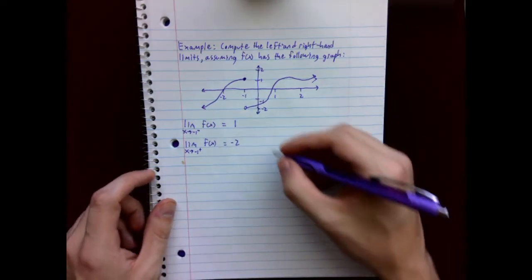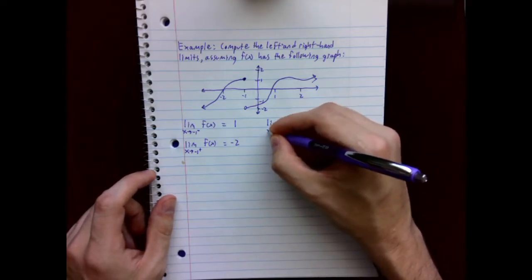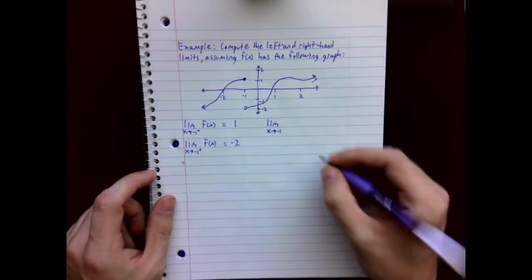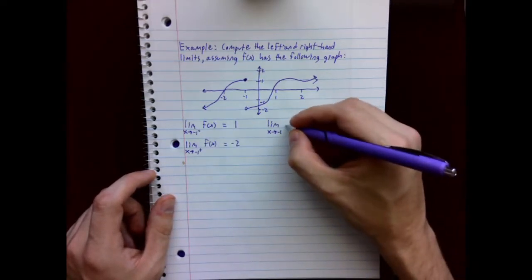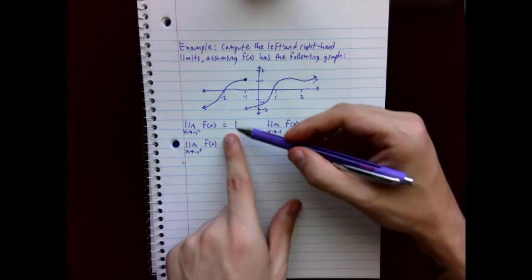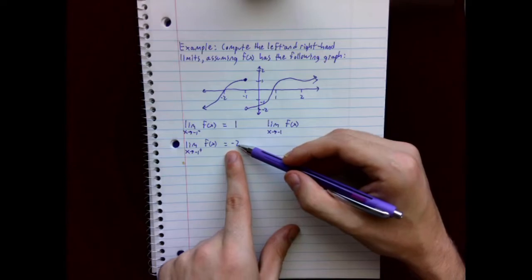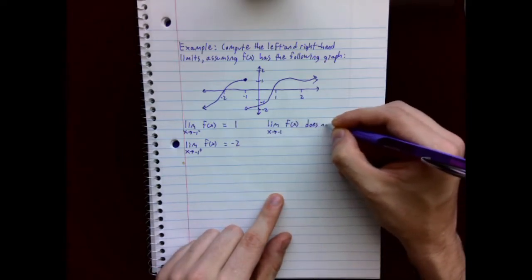And then one thing that we might also say is, well, what if I just wanted to know the limit as x approaches -1 without a superscript of from the left or from the right? Well, notice the left-hand limit does not agree with the right-hand limit. So this does not exist.